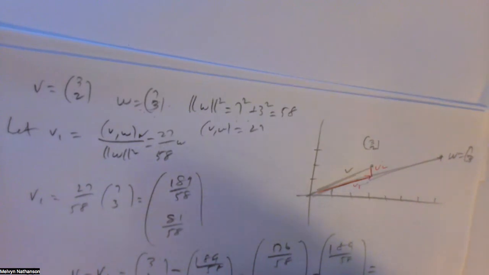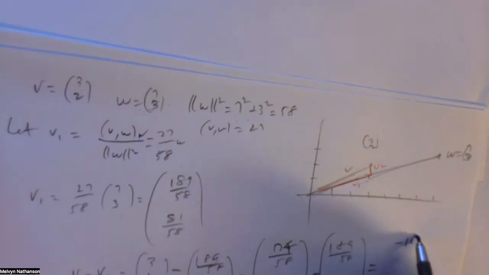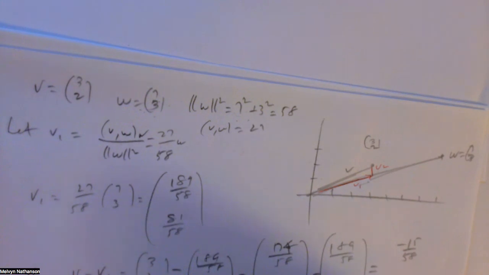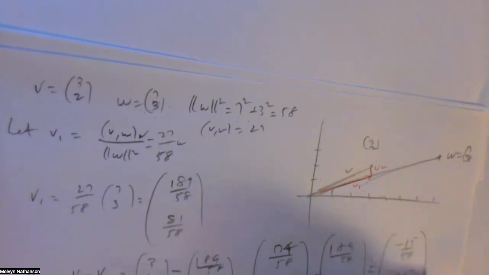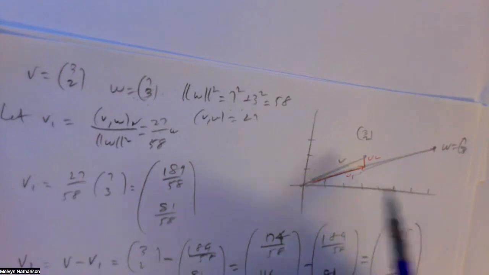When I subtract, I get minus 15 over 58. And this is 116 minus 81, which is 35 over 58. So that's the vector v2, and this is the vector v1.